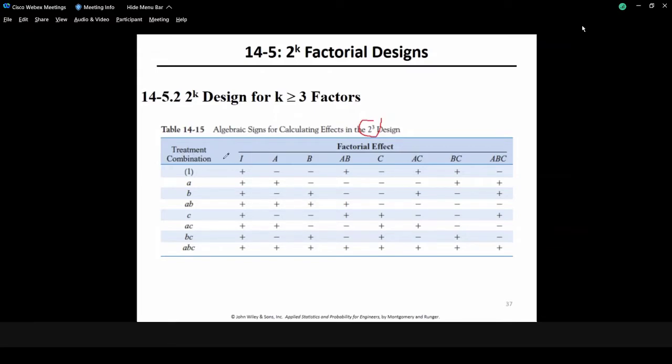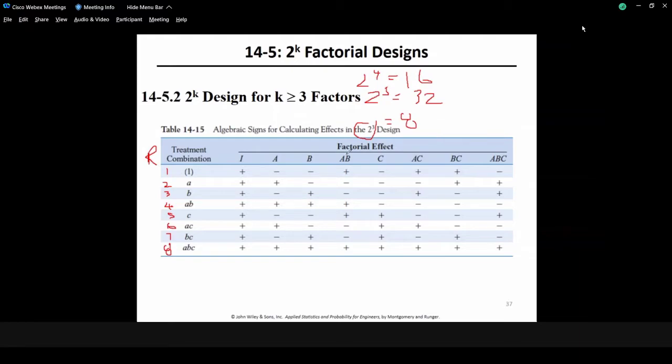You should run 1, 2, 3, 5, 6, 7, 8, right? 2 to the 3 equals 8 runs. 2 to the 4, 16 runs. 2 to the 5, 5 factors, A, B, C, D, E, 32 runs. And so on.